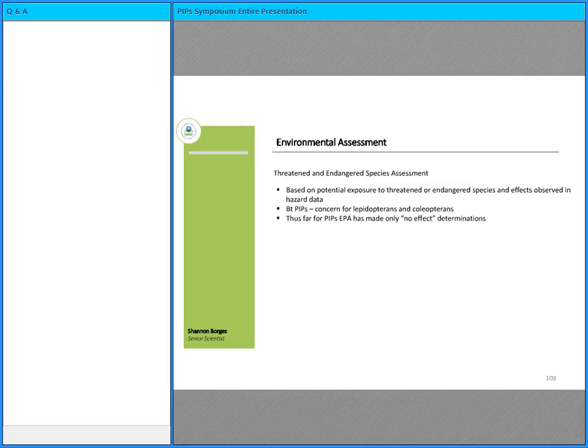For BT PIPs, so far the concern, because lepidopterans and coleopterans have been the target, the only threatened and endangered species that we really focused on are endangered and threatened lepidopterans and coleopterans.